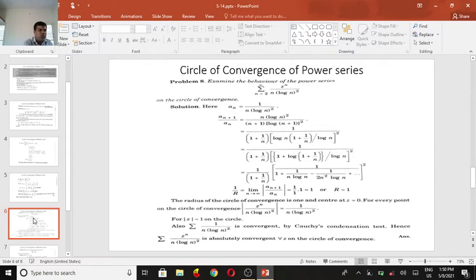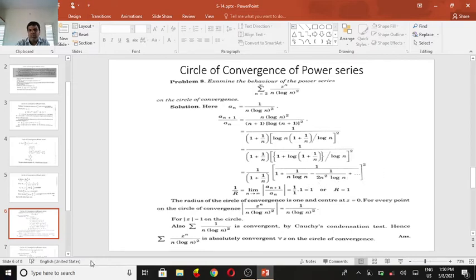This is equal to 1 divided by 1 plus 1 by n, times 1 divided by 1 plus 1 by n log n minus 1 divided by 2n square log n plus etc. Here we are applying the formula, 1 plus log of 1 plus 1 by n divided by log n whole square, which is again 1 divided by 1 plus 1 by n times 1 divided by 1 plus the expansion 1 by n log n minus 1 by 2n square log n plus etc.